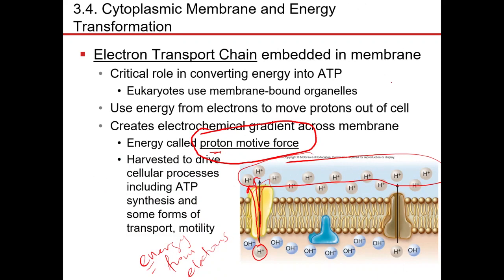I'm going to use this very simplified drawing. That is the outside, and this is the inside. The hydrogen ions will start coming back in. The H plus ions will come back into the cell via a specific protein channel called ATP synthase.